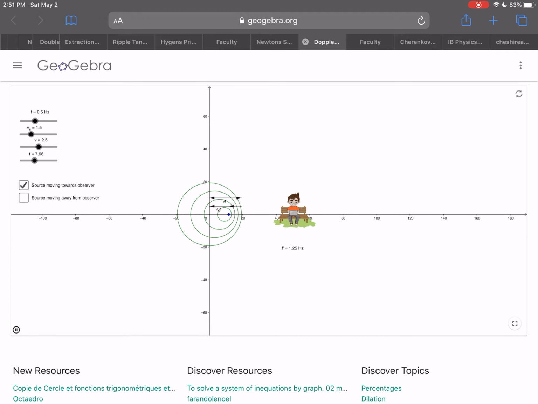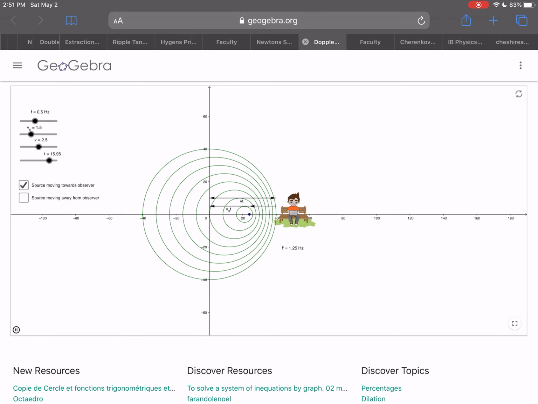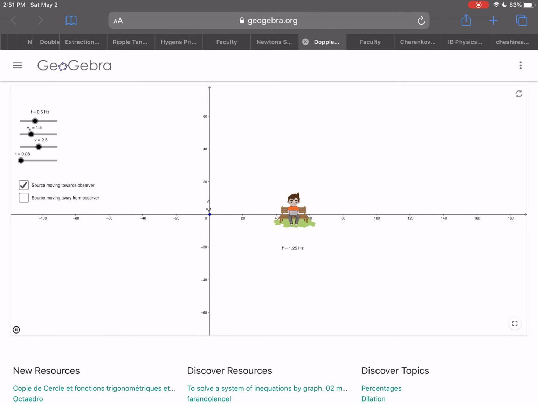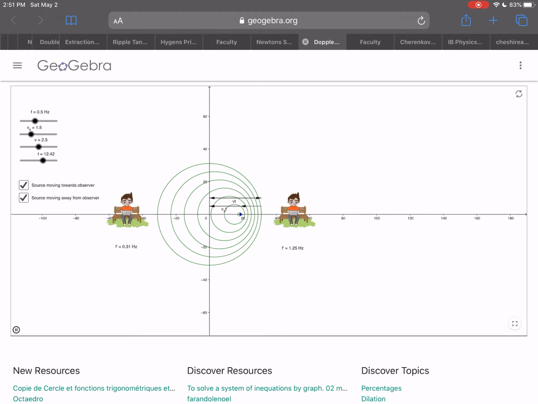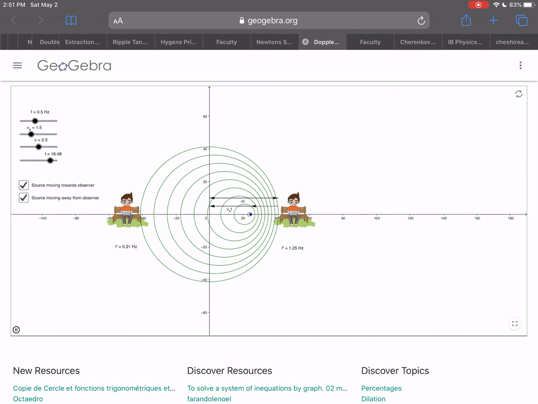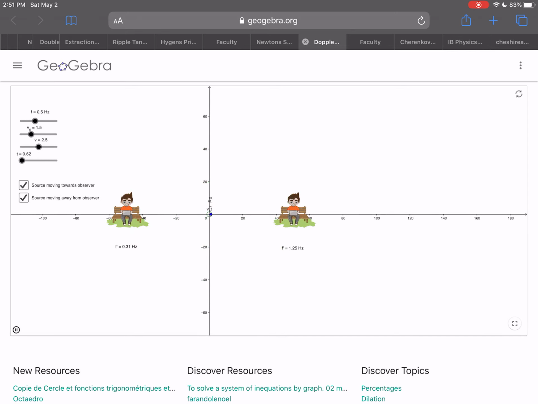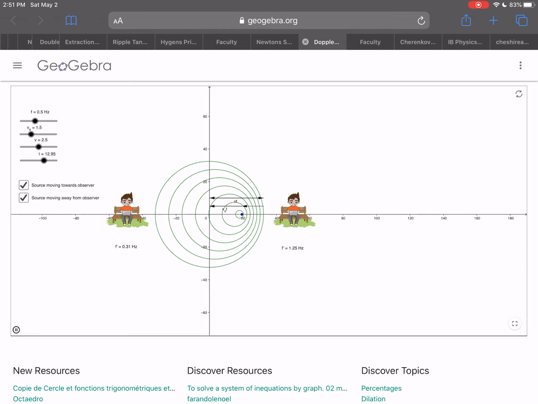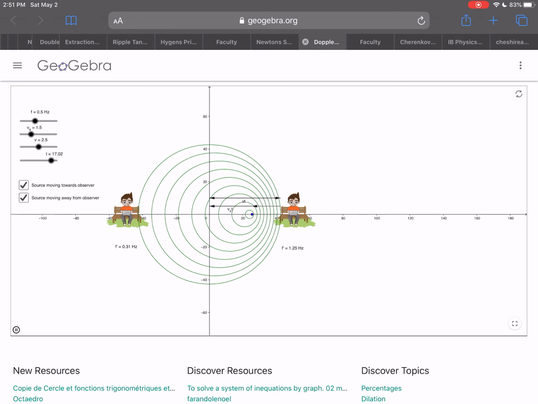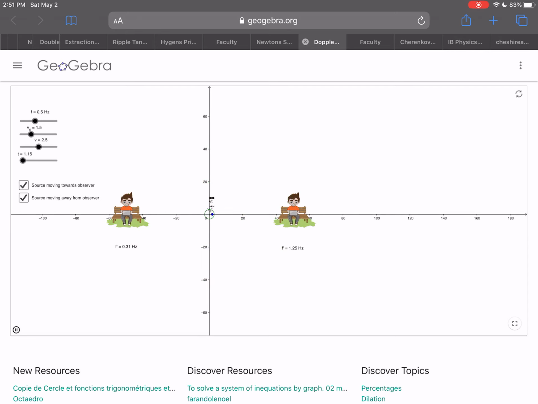So the observer here is measuring a frequency, in this case f prime, that is higher than the frequency of the source. And if you had a source moving away from the observer, so in this case we're just going to put an observer on the other side of the motion, that observer is observing a longer wavelength than they would otherwise, and that corresponds to a lower frequency.